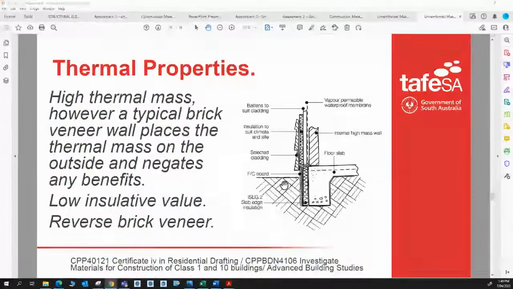It's often referred to as double brick, but if we're going to be nerds about terminology, double brick is whereby you've got two leaves of interlocking brickwork, whereas cavity masonry is where you have a cavity in between two leaves of brickwork.